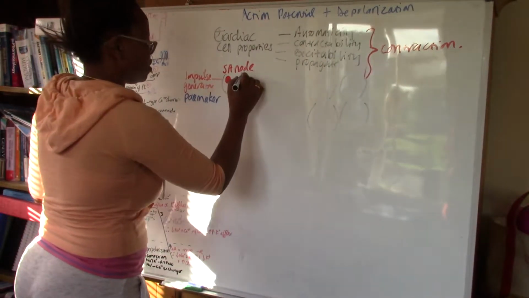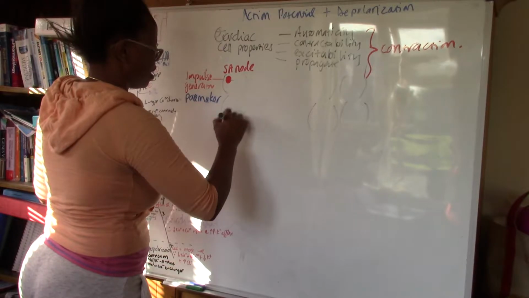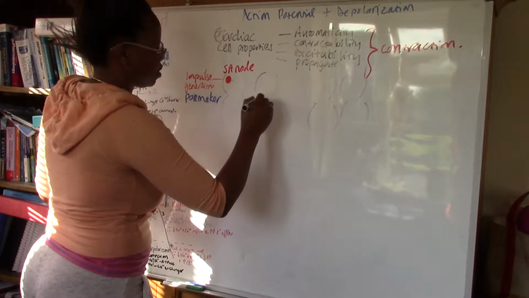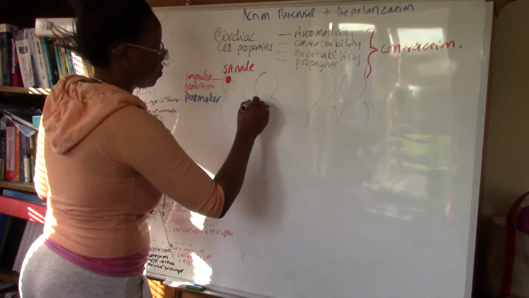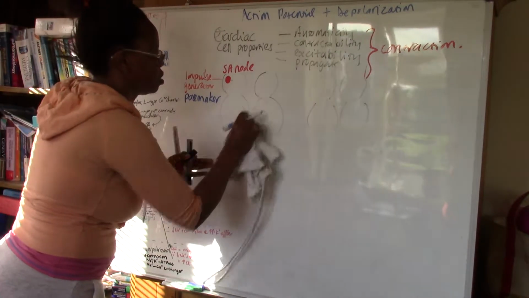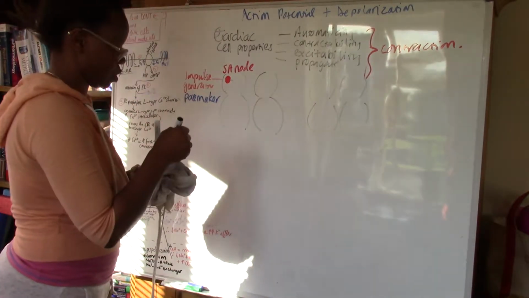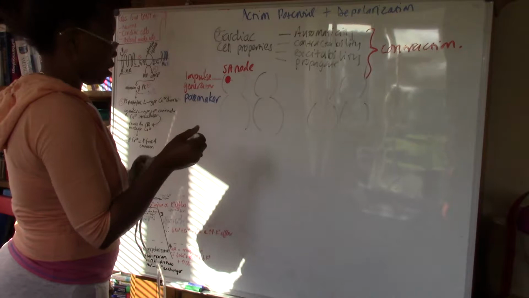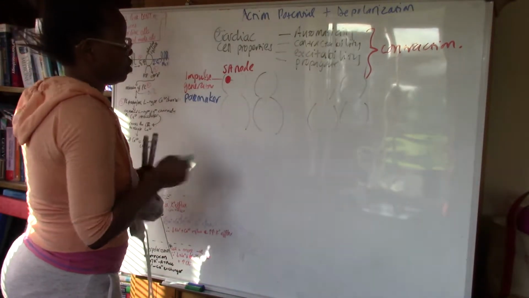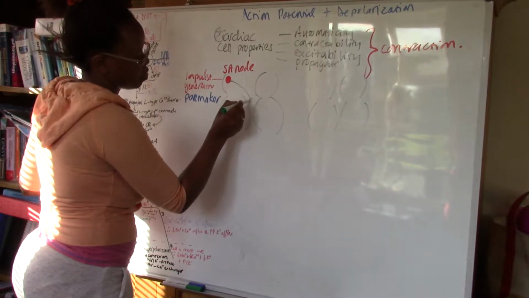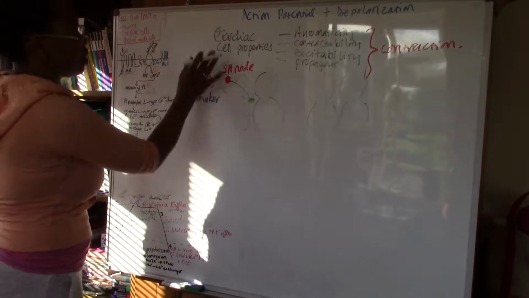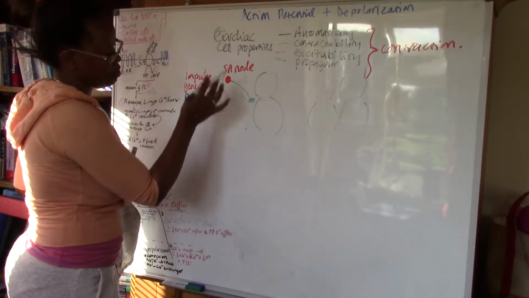This is the right atrium and the right ventricle. This is the left atrium and the left ventricle, more or less. So the impulse travels down from the SA node into the AV node, which lies there and separates the atrium and ventricle.